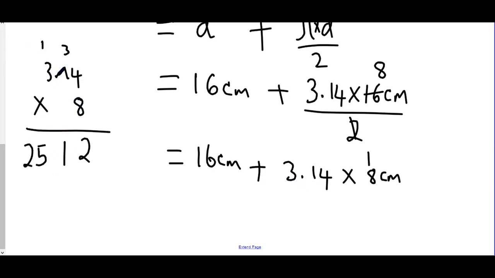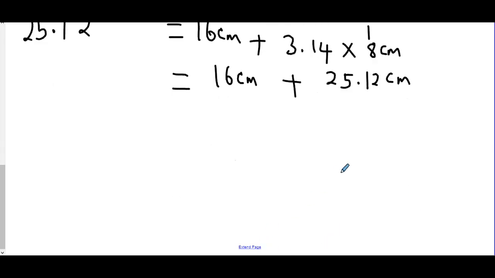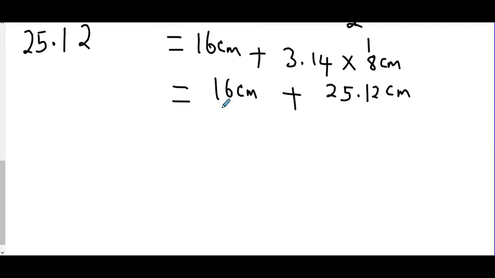How many decimal places are here? 1, 2. So that gives 25.12 centimeters. Now, how do we add this?